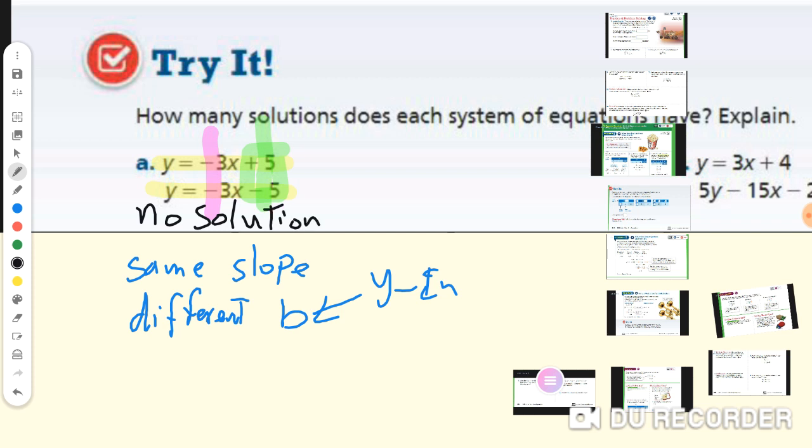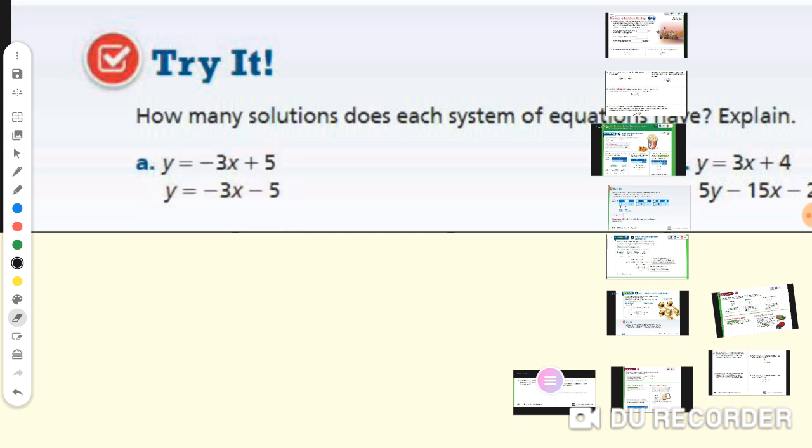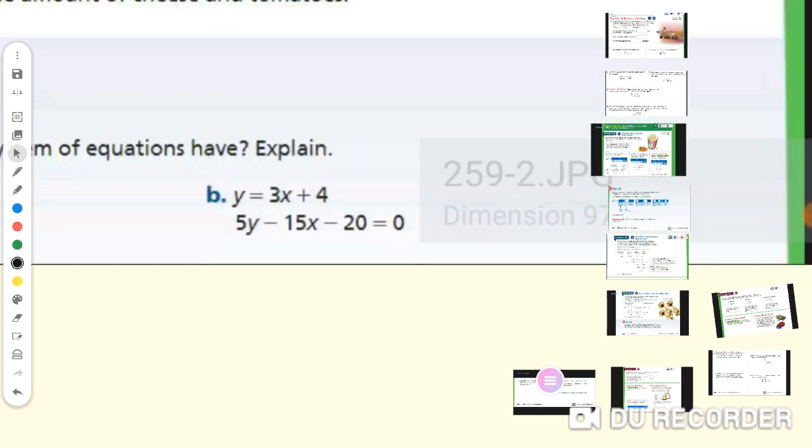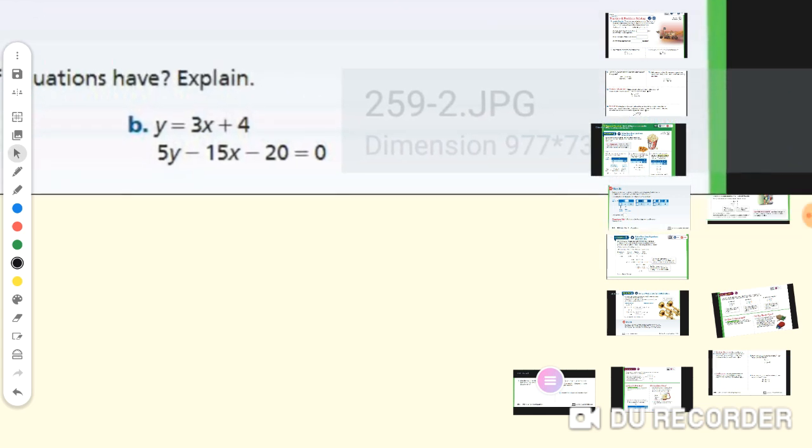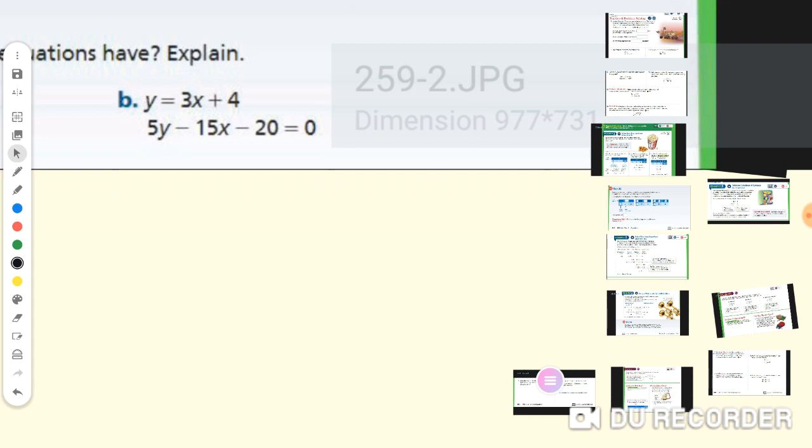Okay? Second picture. The second one, I need to work on this one. The first equation is in the general form of a linear equation: y equals 3x plus 4. That's it.